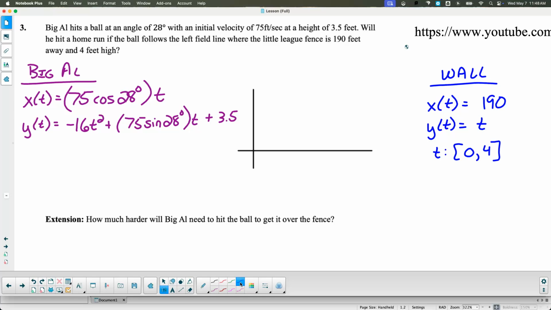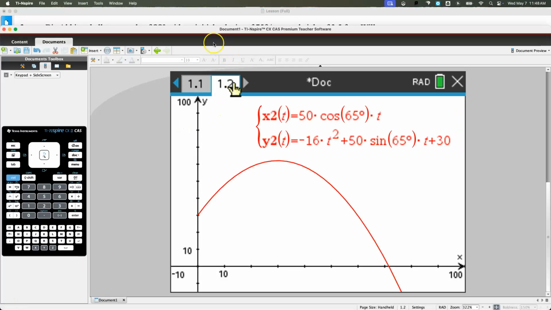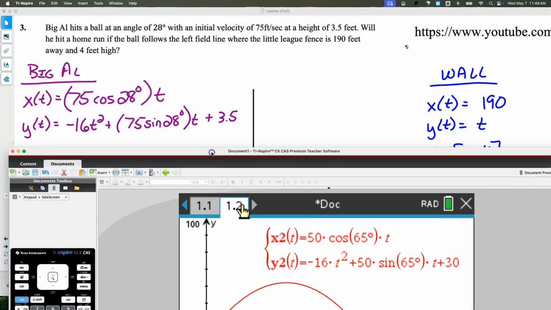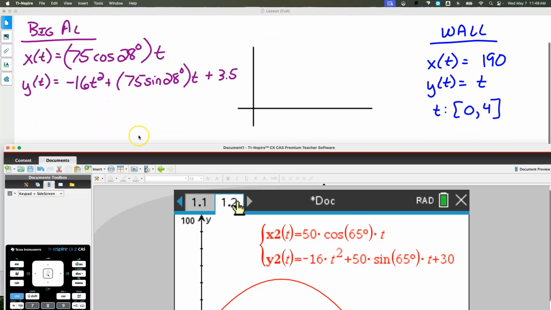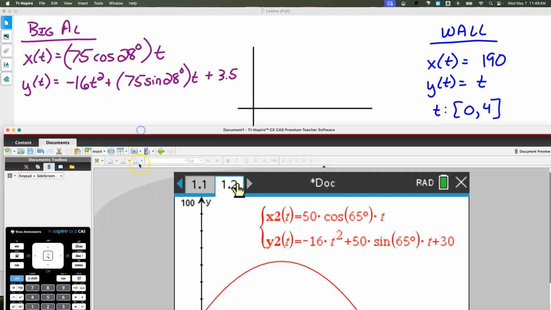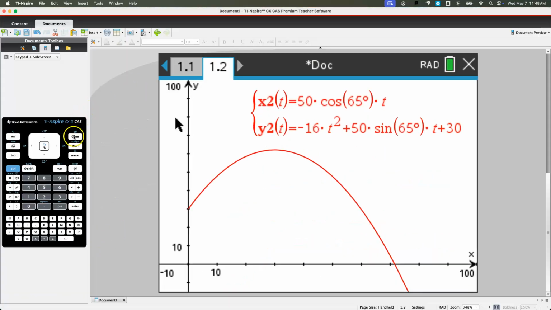Let me see if I can do this. Oh, look at that. There we go. Perfect. Oh, nope, I can't. Oh, we'll go up a little bit. There we go. Okay. Now, come on. Why won't it let me do anything now?